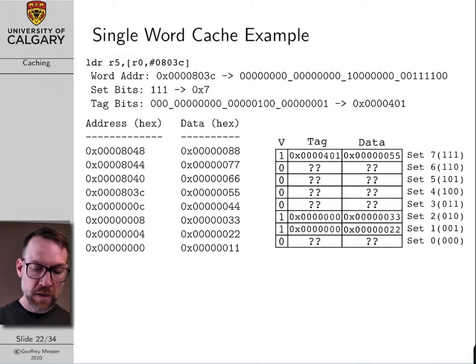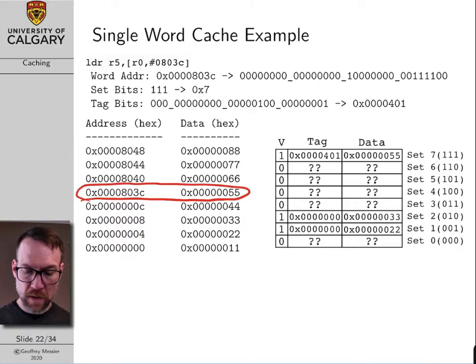In the next slide, we have another load word command where, again, our base address is 0 and our offset is 83C. This corresponds to this location in main memory, and this is our 32-bit address.